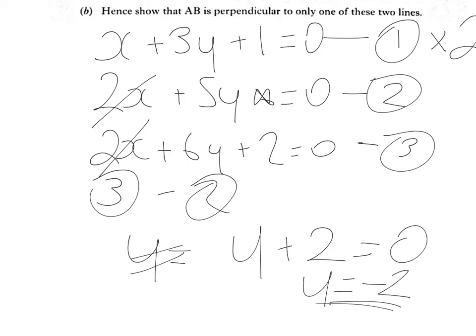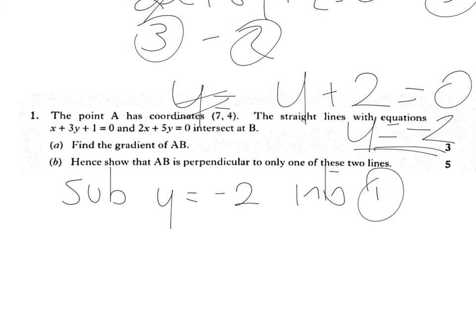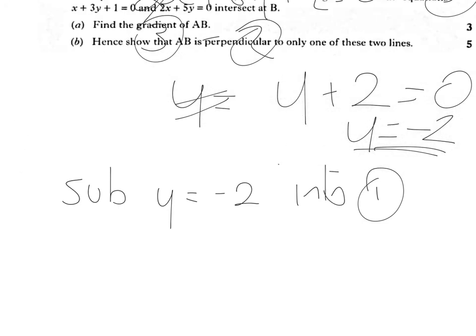which means y = -2. I'm now going to sub y = -2 into one of the equations, and I'm going to choose equation 1. So equation 1 is x + 3y + 1 = 0.